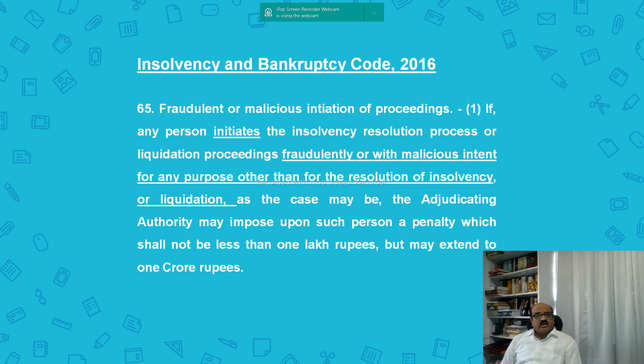One is you need to have a proper basis if you are alleging that somebody has initiated proceedings against your company or some other company where you have interest with the sole intent of sending this whole company into liquidation. What is that intent? The malicious initiation of proceedings, fraudulent initiation of proceedings. These words fraudulent and malicious have to be proved in the court of law, that is before NCLT.